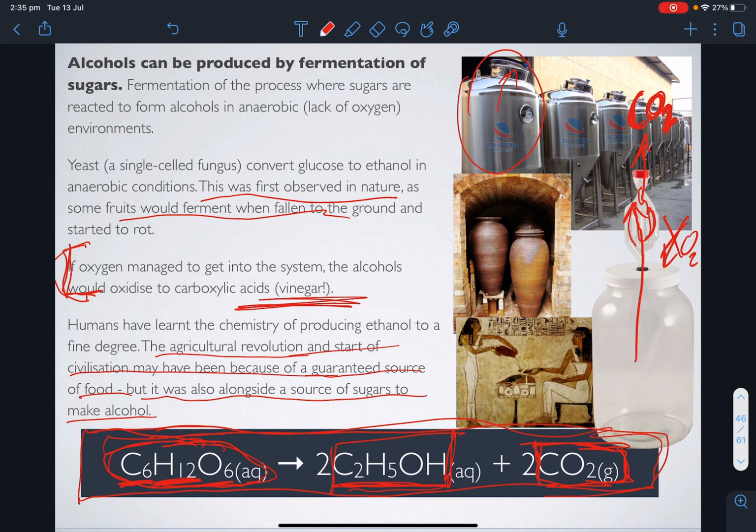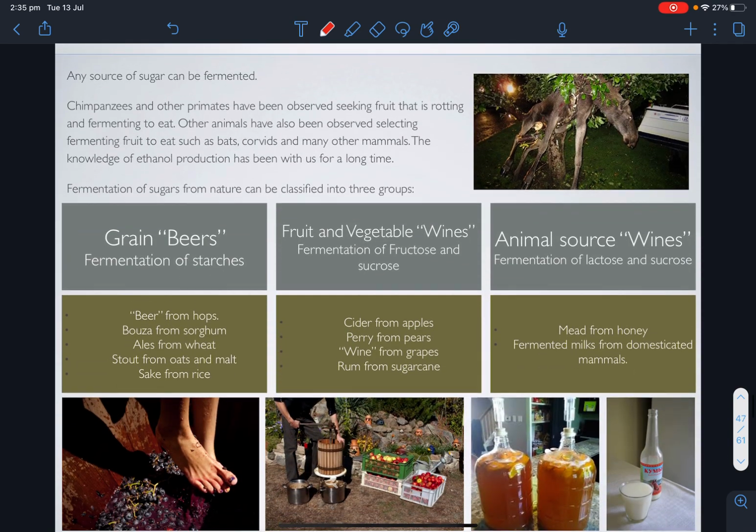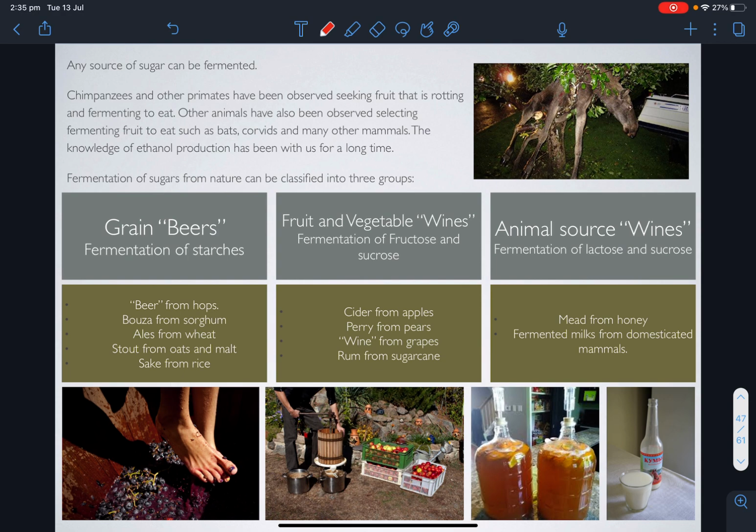Alright, look at those ancient Egyptians making alcohol. Any source of sugar can be fermented. Chimpanzees and other primates have been observed seeking fruit that is rotting and fermenting. Other animals have been observed selecting fermenting fruit, such as bats, corvids, which are crows, ravens and magpies, and other mammals as well.